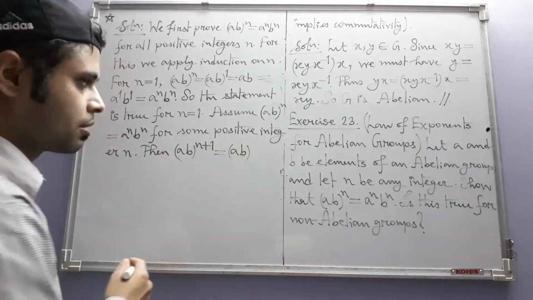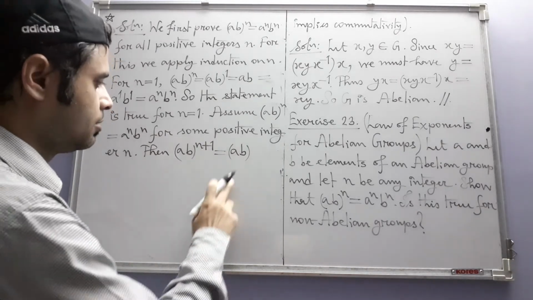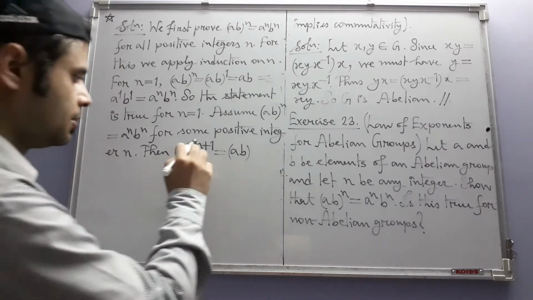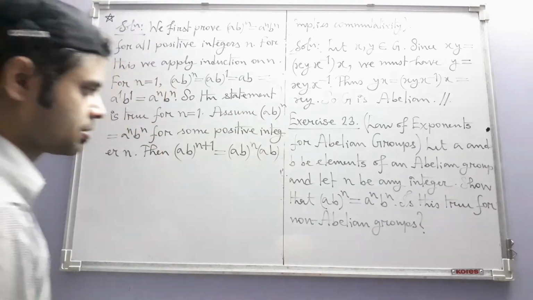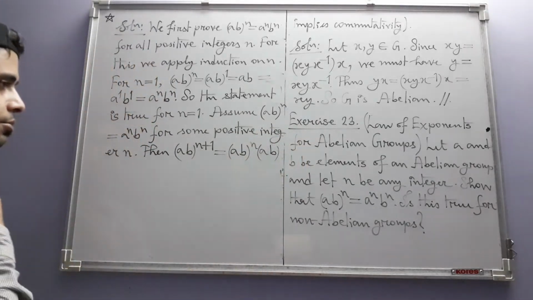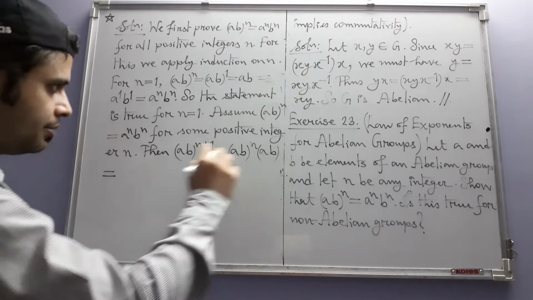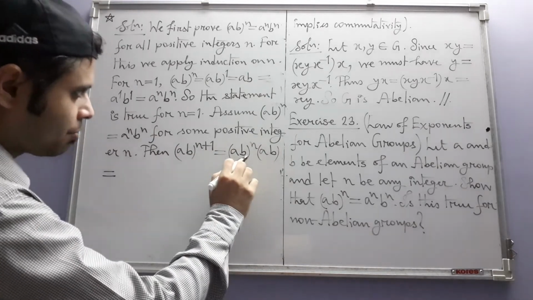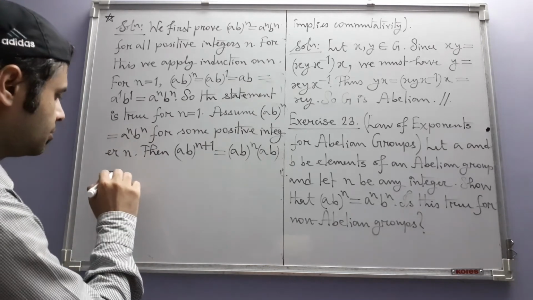This, by definition of such powers or by using the rules of exponent, I mean the more basic ones, not just for abelian groups, is equal to this. In fact, if you want, you can write 1 here also, or you may wish to also not write, because ultimately ab whole to the power 1 is ab. Now this is the place where we are going to use the induction hypothesis, what we have assumed.